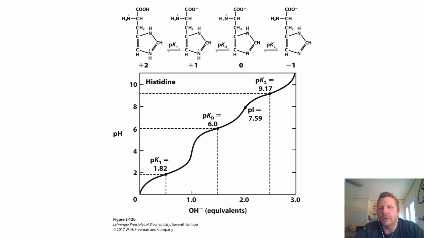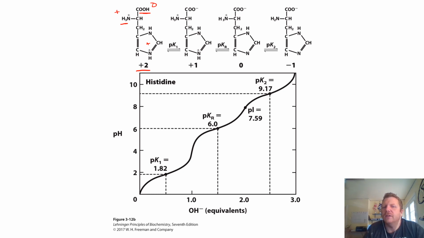So if you look at something like this, this is histidine, in its fully protonated state. We've got the amino terminus, we've got our C terminus that's protonated, and then we have our R group that is also protonated. So the C terminus has no charge, the N terminus is +1, the R group is +1, so we're looking at a molecule with an overall +2 charge.